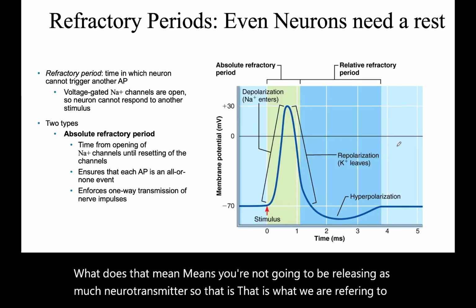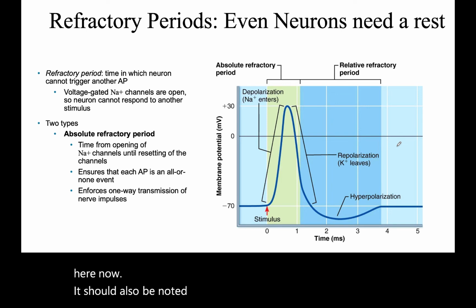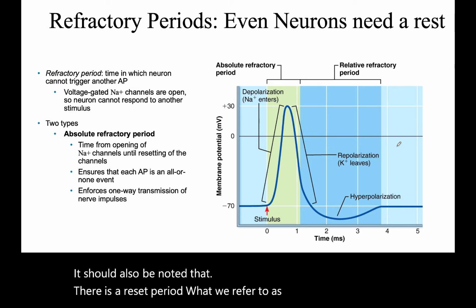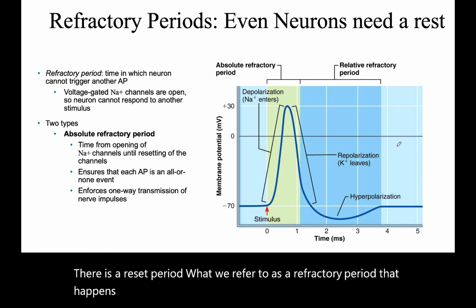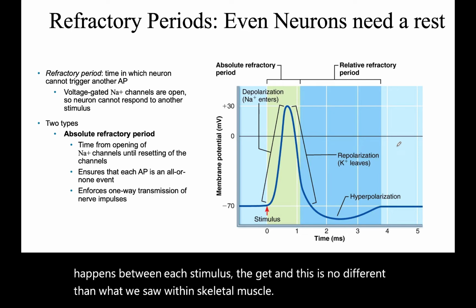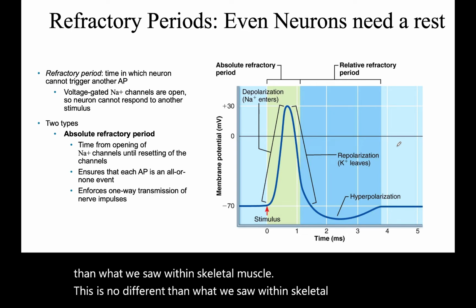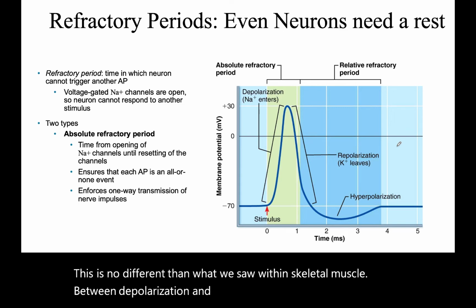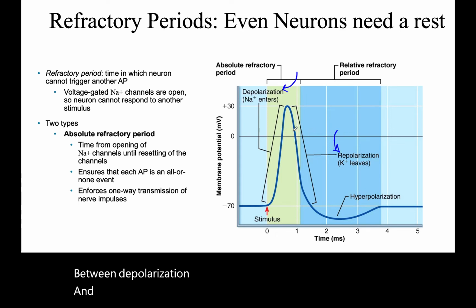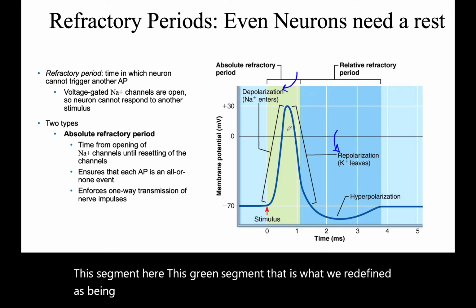Now, it should also be noted that there is a reset period, what we refer to as a refractory period, that happens between each stimulus. Again, this is no different than what we saw within skeletal muscle. Between depolarization and repolarization, this segment here, this green segment, that is what we define as being in the absolute refractory period.